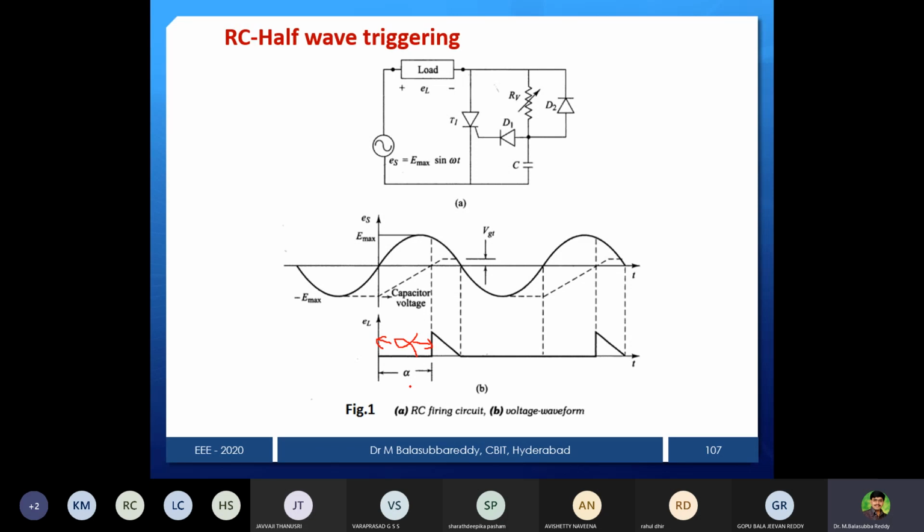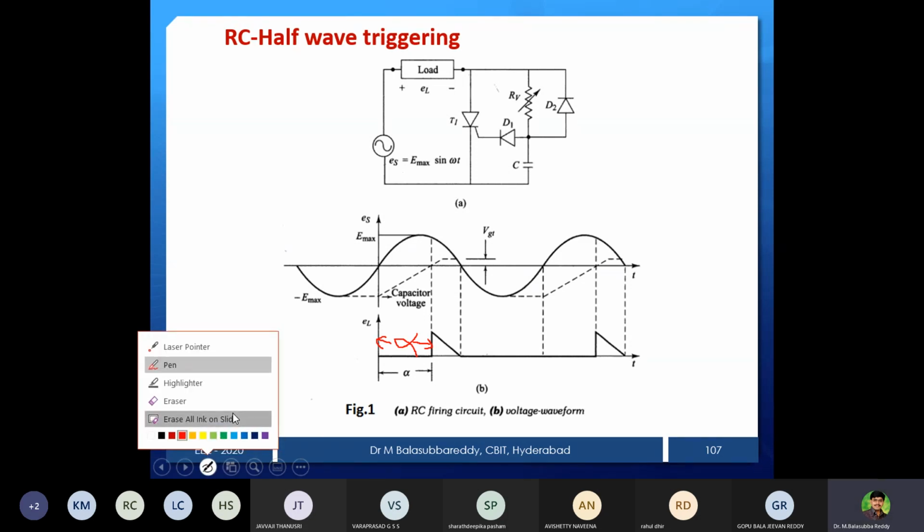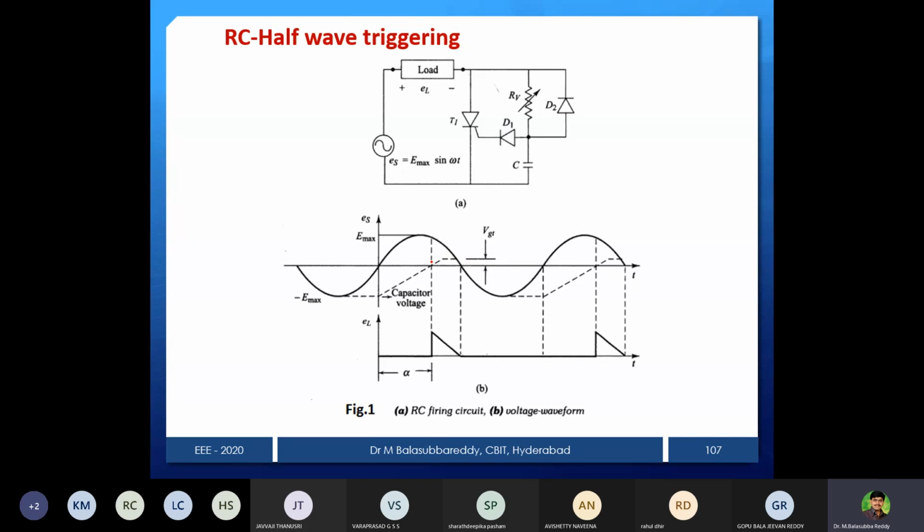What do I have to do? What is the option? From minus V maximum to VGT, to reach that charging, or in the reverse charging, tau is the time constant, equal to RV into C. C is fixed, so RV.